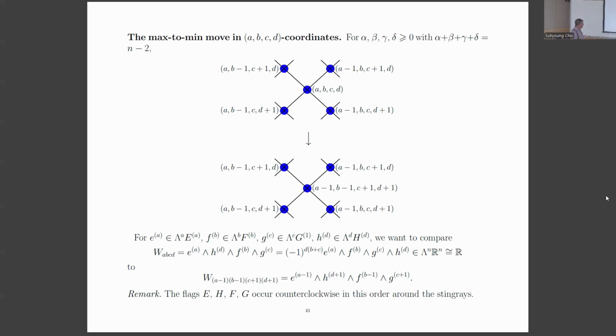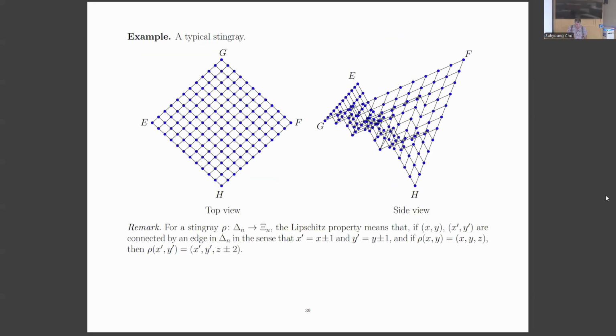But now in the ABCD coordinates, remember, we did this to consider all this wedge product of E, F, G, and H. And that's what we were doing. There is just one little thing. We wanted the wedge product. However, what you notice with the stingray, I was using the alphabetic order, but the alphabetic order usually is not mathematical.